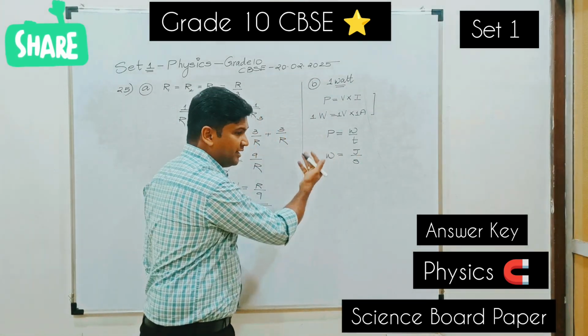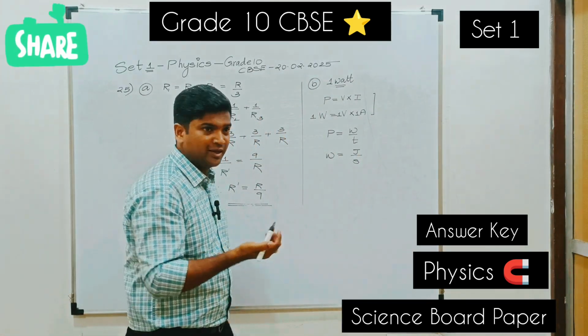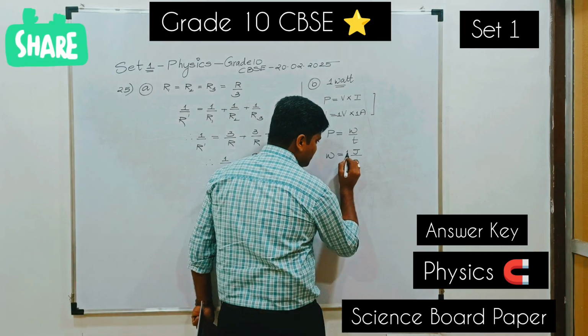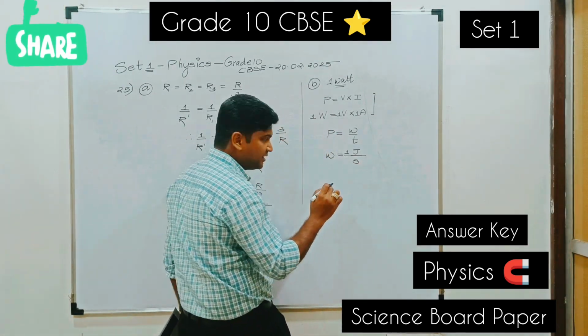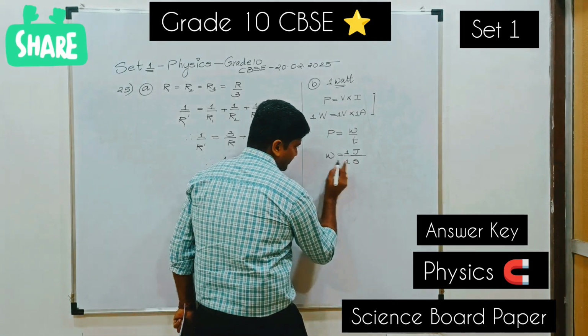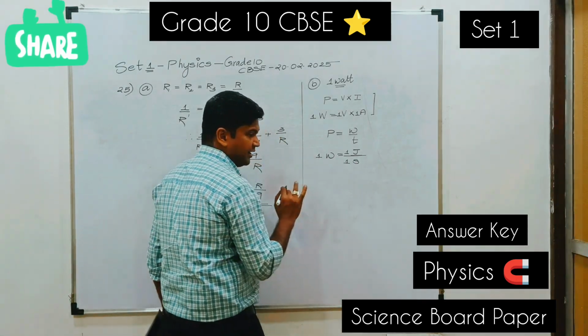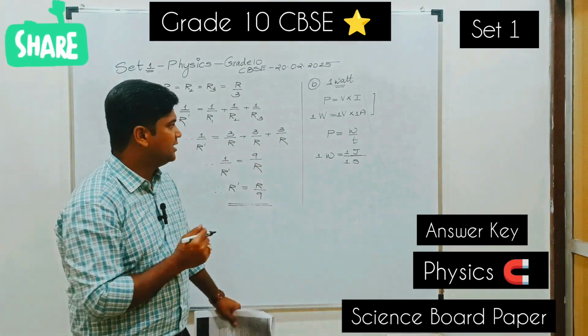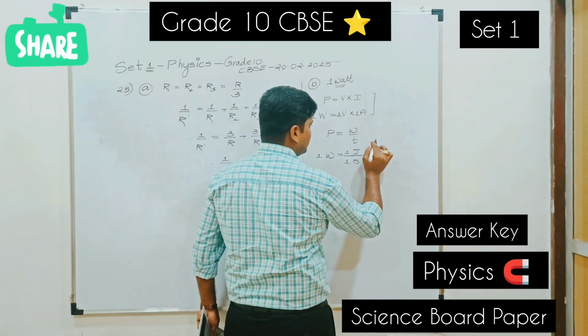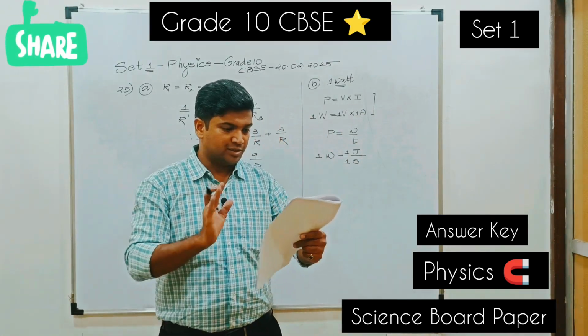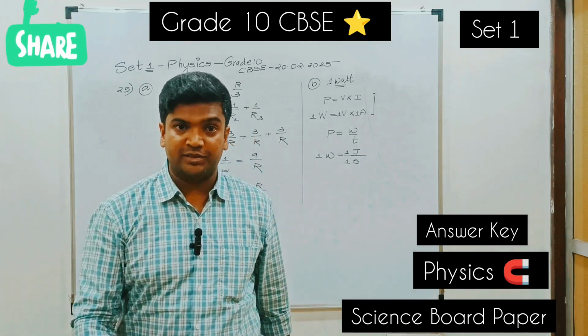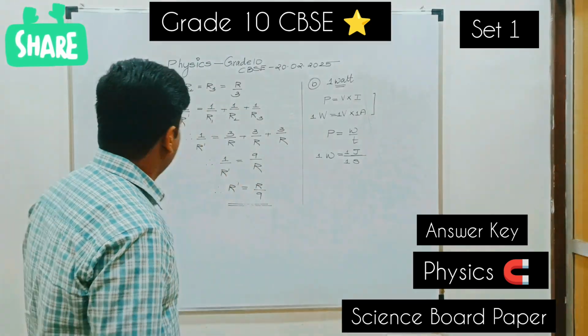Okay, but even if you write this, no problem, you will be given marks. Okay, so how will you do this? If 1 joule of work is done by any device in 1 second, then I can say the power of that device will also be 1 watt. So either of the two, either this or this, marks तो पूरा मिलना ही है, confirm है. Fine beta. So this was your 25th question. Done. Next.